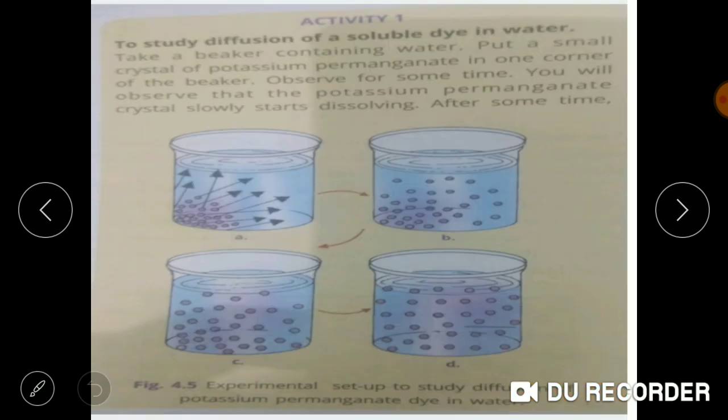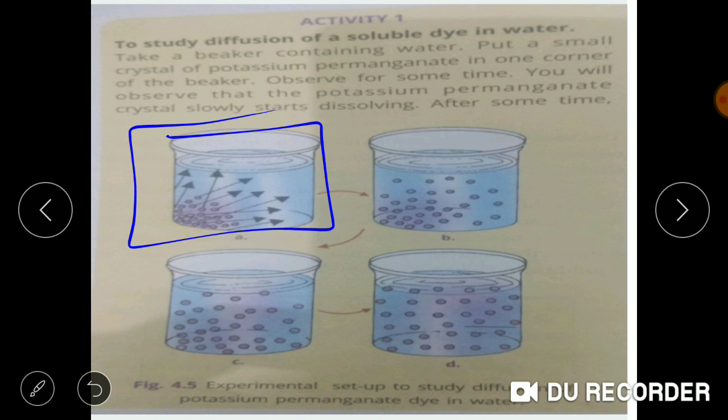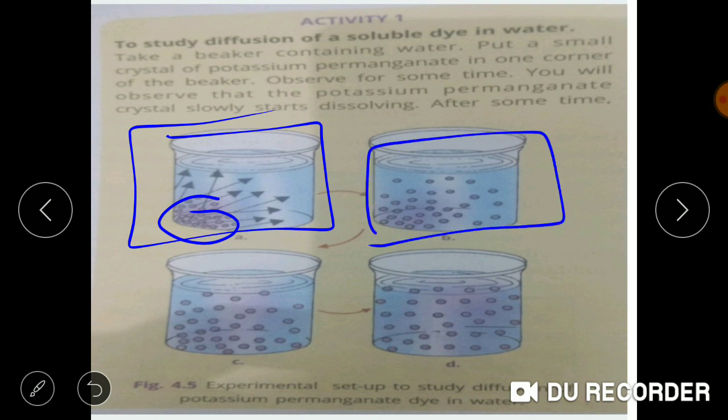Here's an activity to explain this process of diffusion. We have taken a beaker with water, and we have added potassium permanganate in one corner of the beaker. After some time, we'll see that the molecules of potassium permanganate, which were higher in concentration in one particular corner, started moving to the other corners, which were at lower concentration.